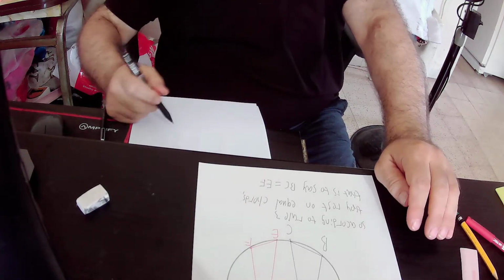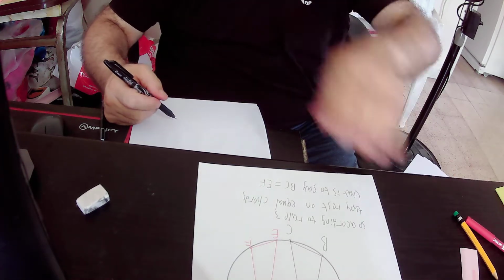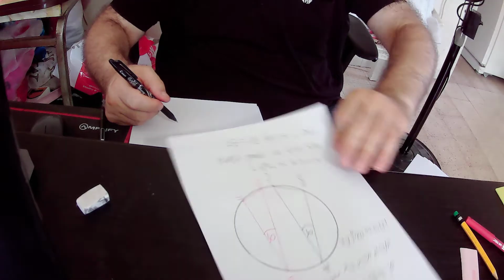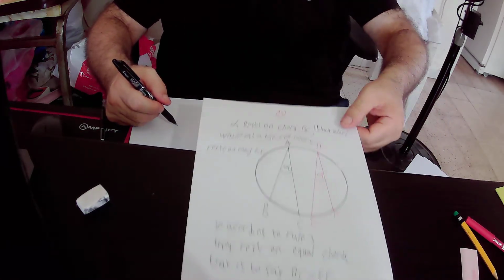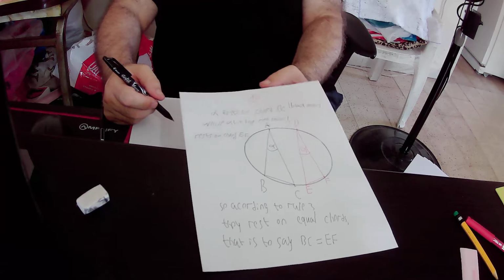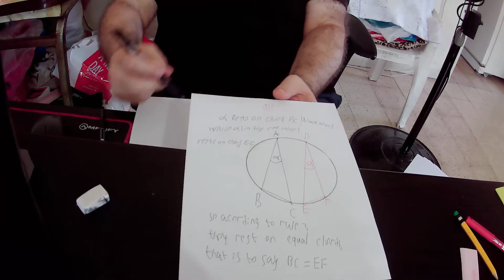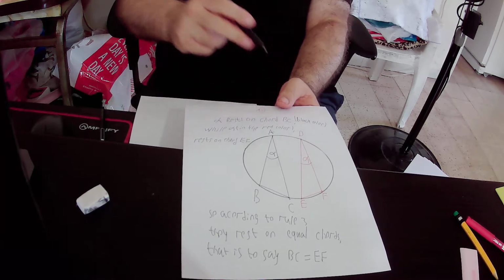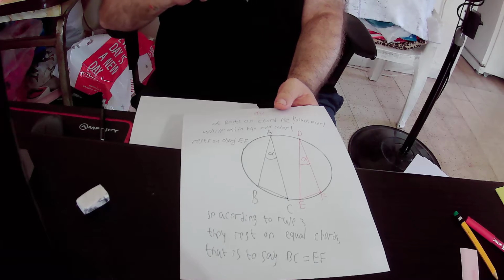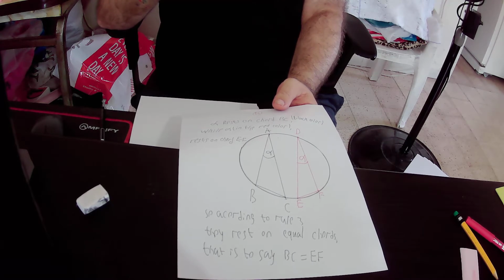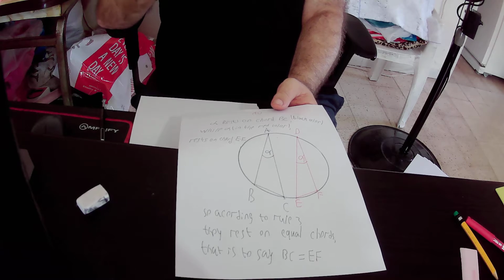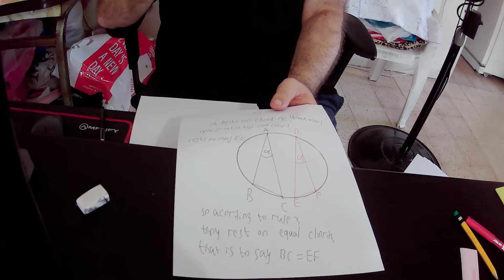Okay, I will read again what I wrote. Because those two peripheral angles are equal to each other, both of them equal to angle alpha, according to rule number 3, they rest on equal chords.